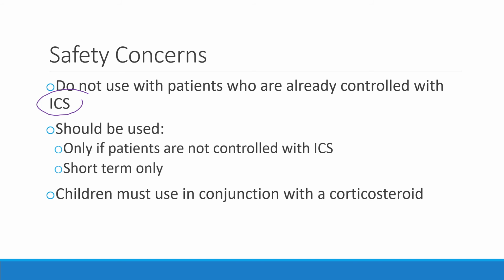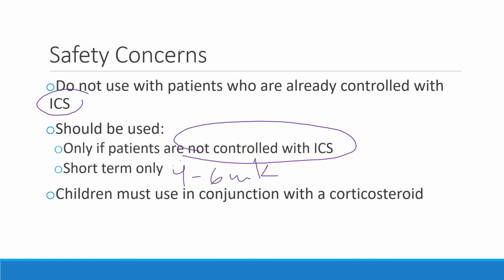So once it's controlled with the steroid, then we can take the long-acting beta agonist out of their formulary. So it should be used only if patients are not controlled with an inhaled corticosteroid. It's a short-term use only, so we're usually looking around 4 to 6 weeks at most until that inhaled corticosteroid builds up.